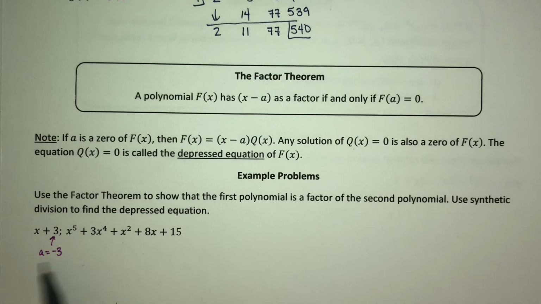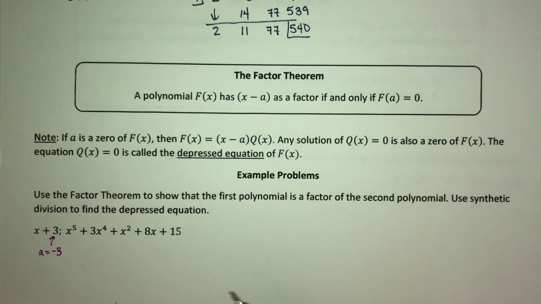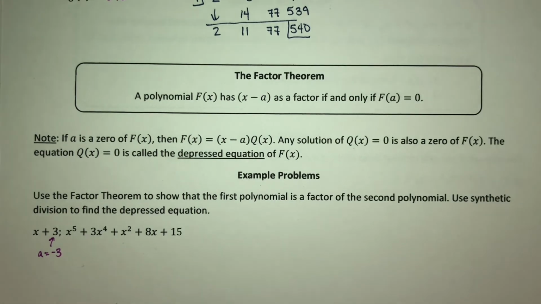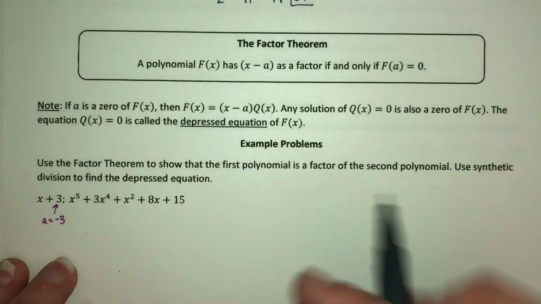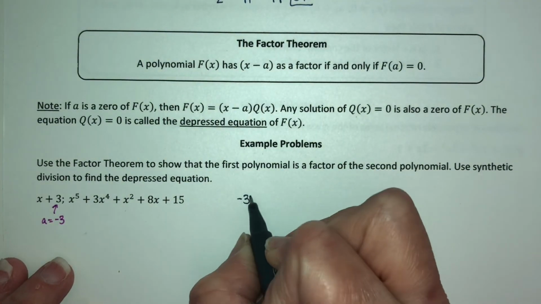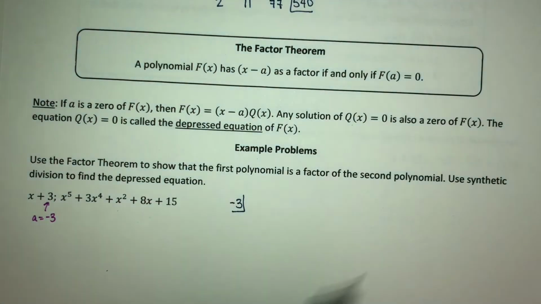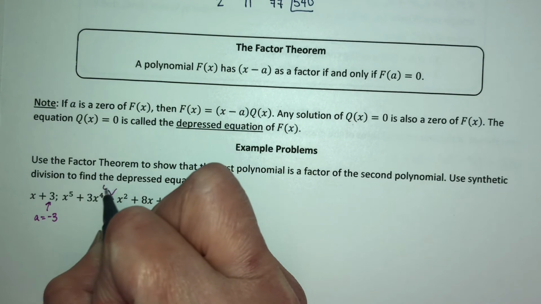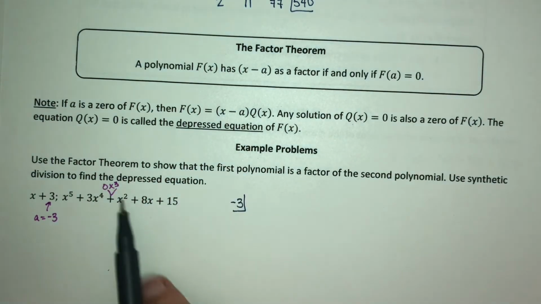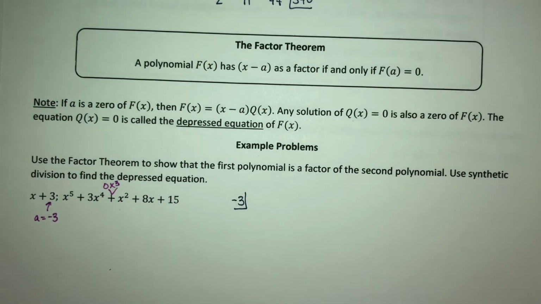I could simply plug in negative 3 here and see what I get. I should get 0 if it is a factor. Let's check it using synthetic division. So I'm going to put a negative 3 here. If it is a factor, I'll have 0 as a remainder, and I'll be able to get the depressed equation out of this. 5, 4, I'm missing the third power. 2, first power, constant. So I'm just missing that 1.